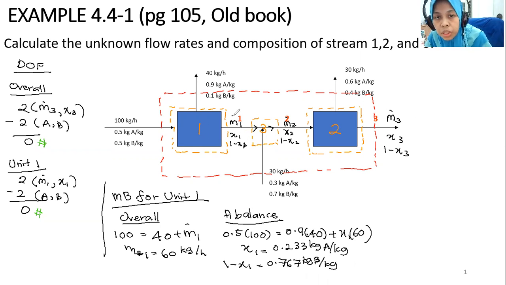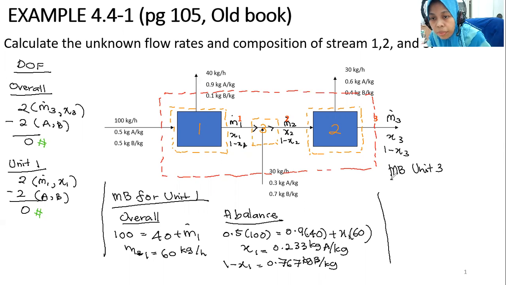Once you obtain the value for M1, you can solve the value for M2. Or once you obtain the value for M3, you can also solve the value for M2. You can choose whether you want to do the calculation for unit 3 or for unit 2. If I use the calculation for unit 3, the mixing point, in your textbook they state the mixing point MB for unit 3.